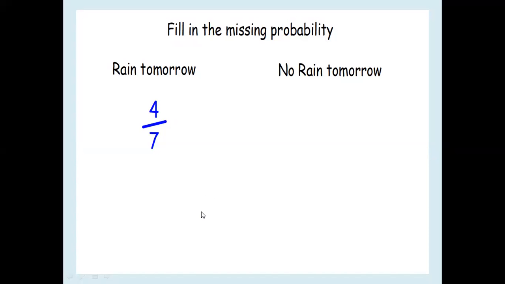Okay, one more example. As decimals, it will rain tomorrow 0.3. Who can tell me what is the probability as a decimal that it will not rain tomorrow?